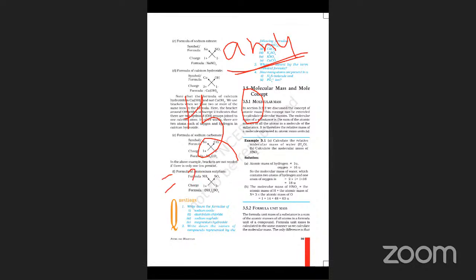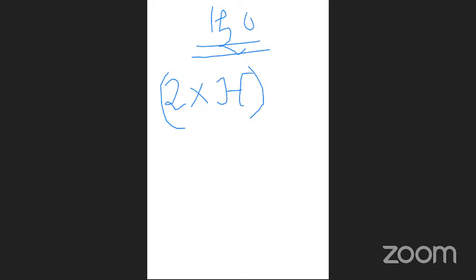Okay, I will show you. We have to calculate the molecular mass of H2O. Now I'm saying two atoms of hydrogen are involved and one atom of oxygen is involved.